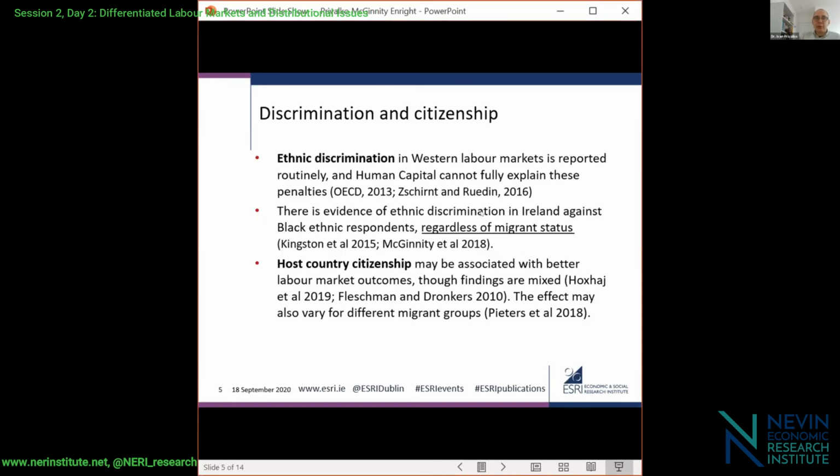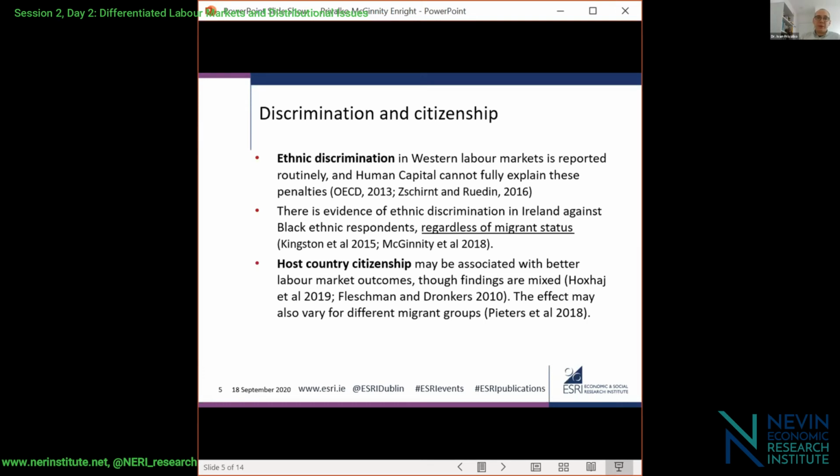We also expect that beyond those things, there'll be some level of ethnic discrimination in the models. It's well documented in the literature that in Western labour markets, ethnic minorities routinely report worse outcomes than other groups.